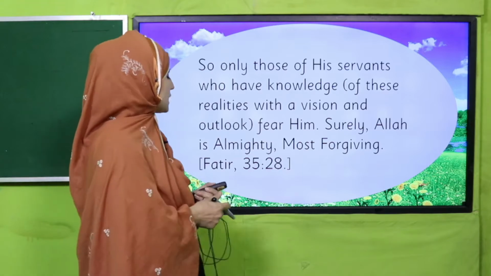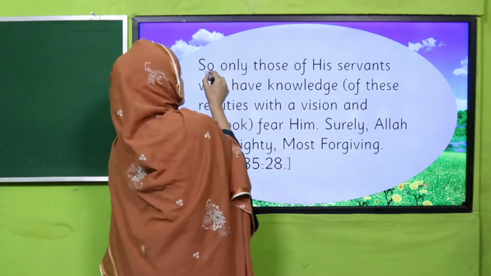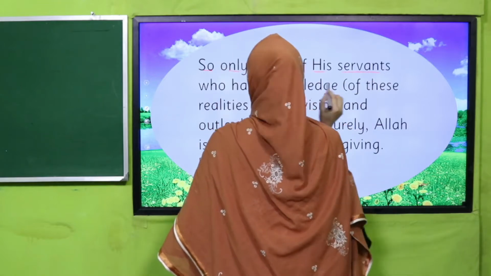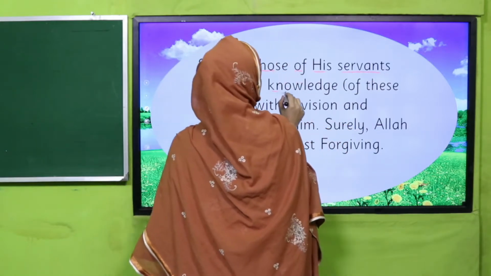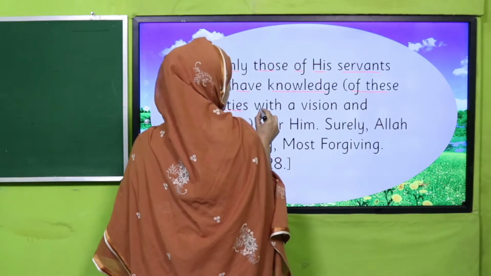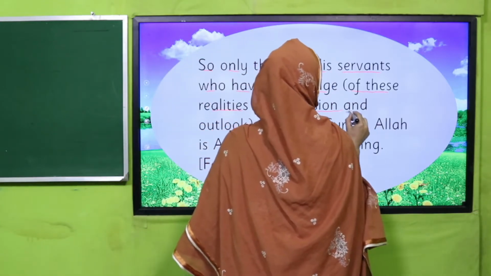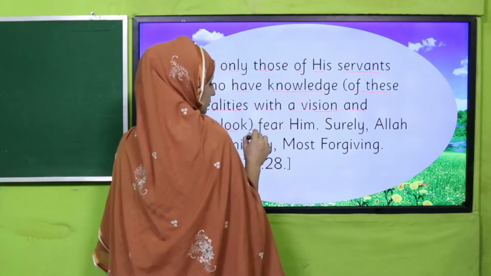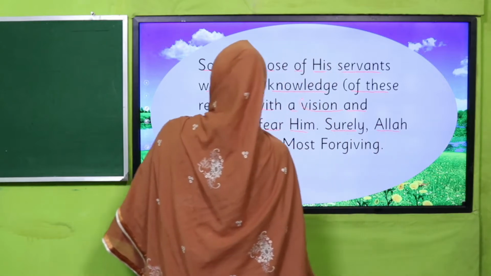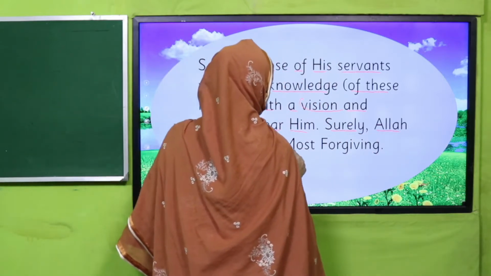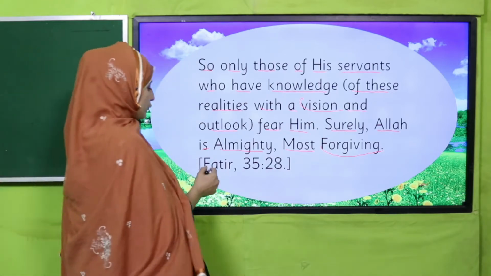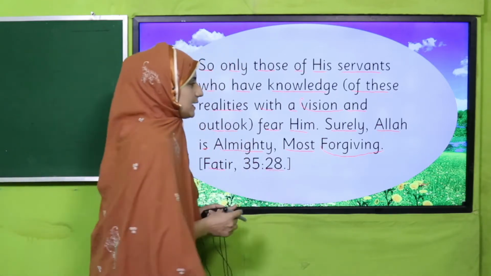Allah subhanahu wa ta'ala mentions in the Quran, "Only those of his servants who have knowledge of these realities with a vision and outlook fear him. Surely Allah is Almighty, most forgiving." Surah Fatir, verse number 28.